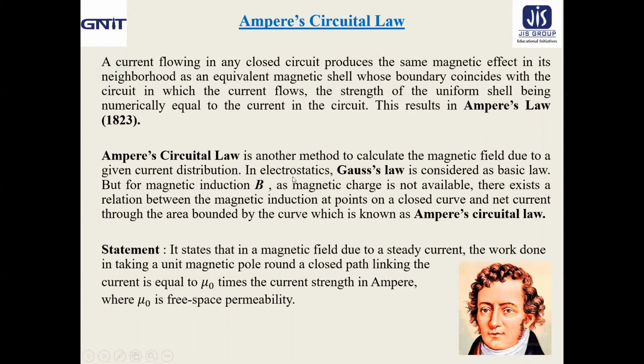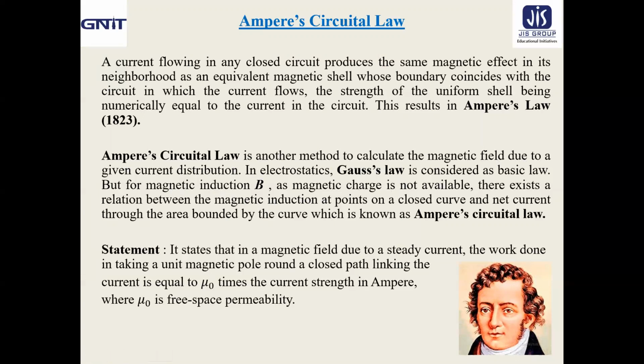Now, in electrostatics, we know that Gauss's law is considered one of the basic laws, like Coulomb's law, where the flux of the electric field through a closed surface is equal to the total charge enclosed by the surface divided by the free space permittivity. In case of magnetic induction, magnetic charge does not exist.